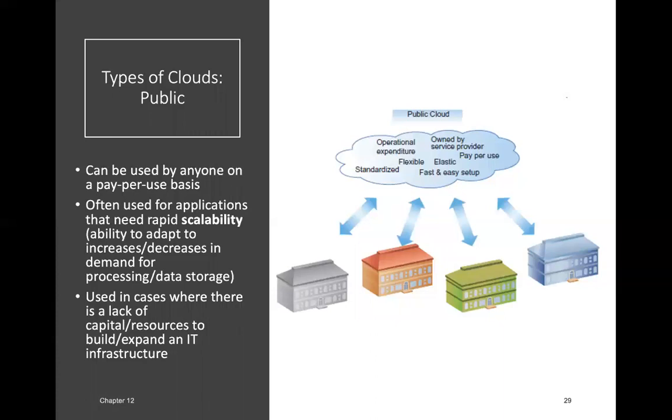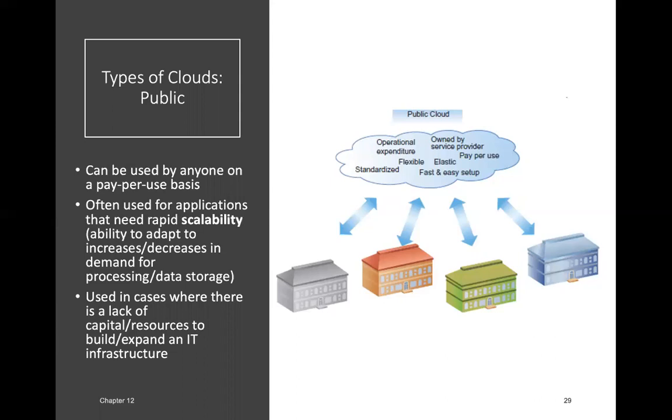Maybe those applications that need rapid scalability, so you need to be able to exponentially increase or decrease your demand for processing or data storage very quickly. That's going to be one option to go for public cloud. If you don't have the means for the capital resources to build or expand an IT infrastructure, then a public cloud might be the way to go. A private cloud is slightly a different concept.